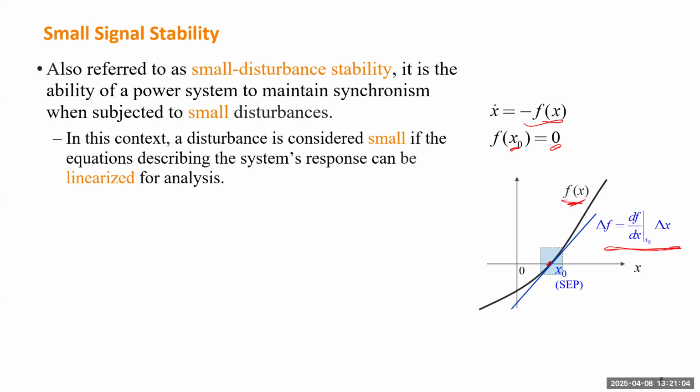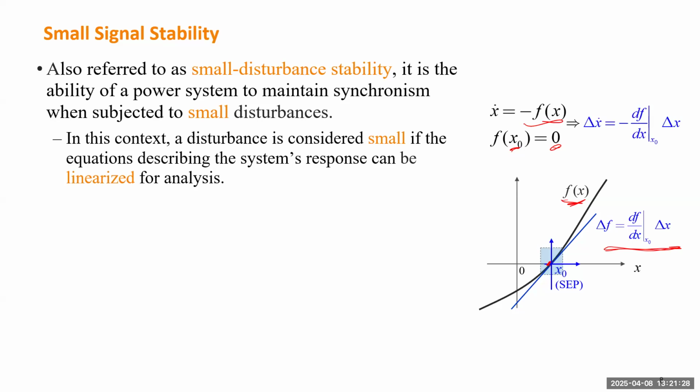If you compare the black curve, which is the accurate vector field, versus the blue line, they're very close. If the difference can be ignored, you can use the small signal analysis, the stability analysis method, to study the response and stability.